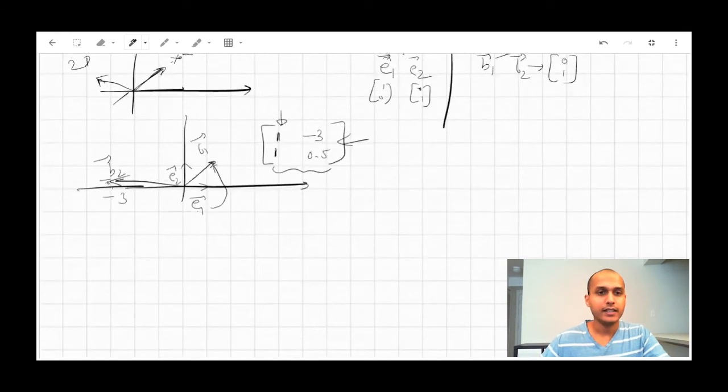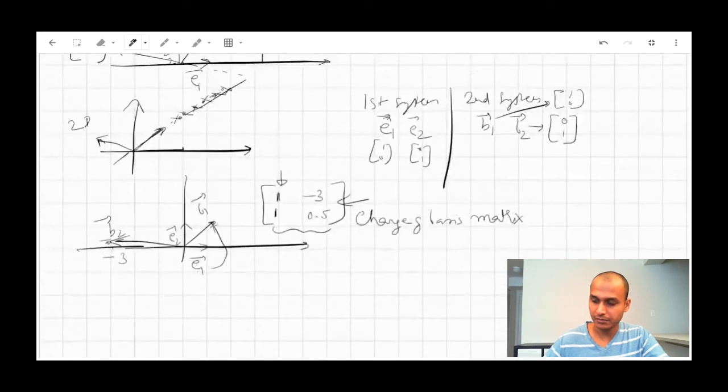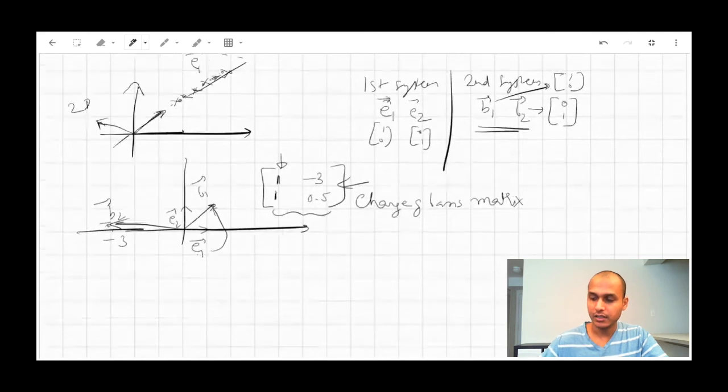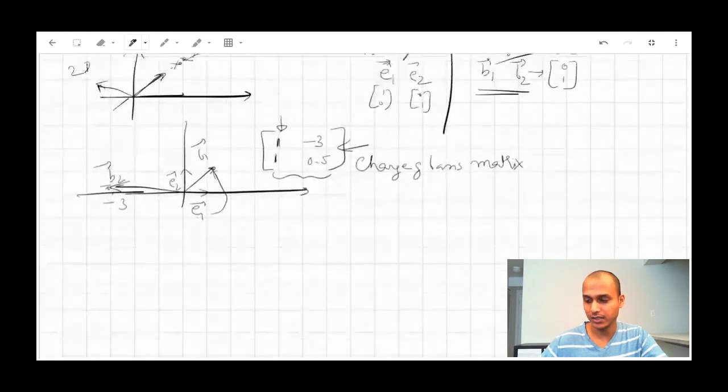And this is called the change of basis matrix. It's just a matrix whose columns are the representations of the new basis vectors in terms of the first system itself, because in the second system, these basis vectors are just represented as the standard basis vectors.